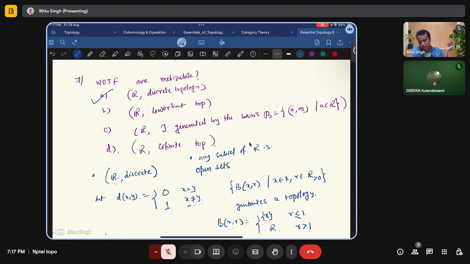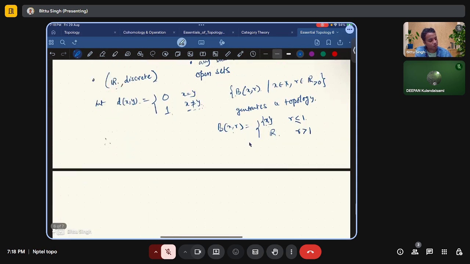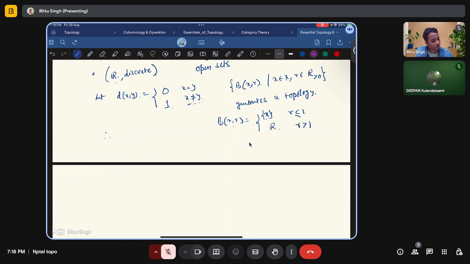But there is a thing which says that metrizable plus separable will imply second countability. So that is an important theorem or lemma, whatever you say. For B, a space which is metrizable, and if it is separable, that too will imply second countability.